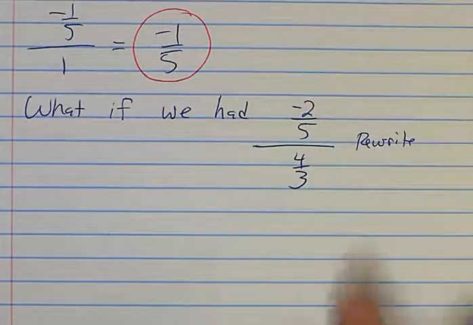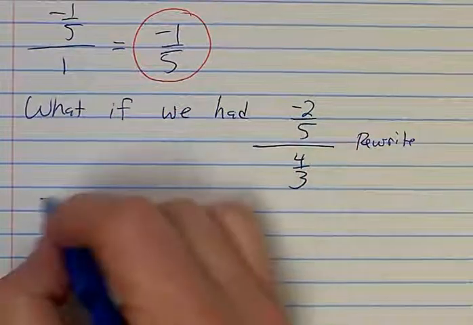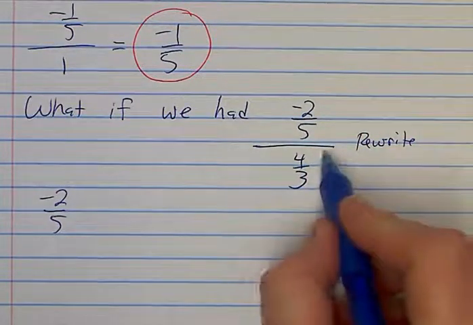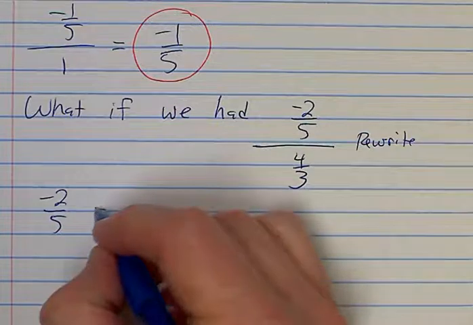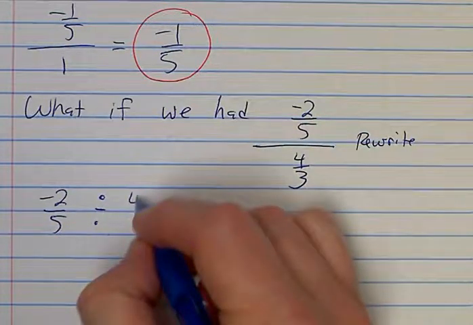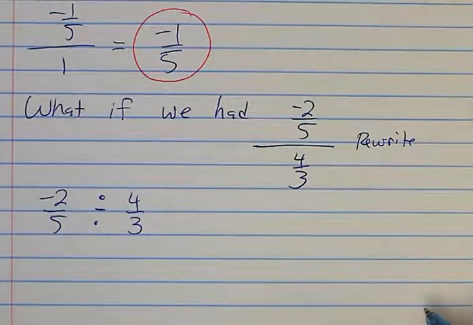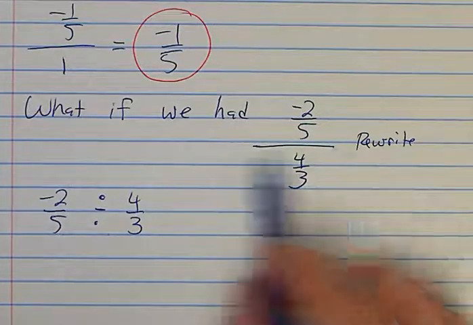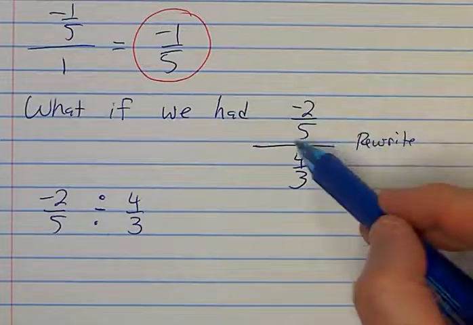Let's take this problem that we've got right here and let's rewrite it where it's negative 2/5. Instead of saying it's over, that means divided by. Actually write out divided by 4/3. Because if you've got the big fraction bar here, that really means it's the top number divided by the bottom number.